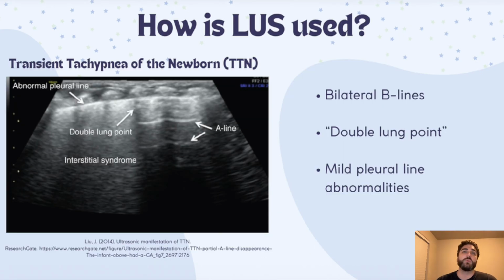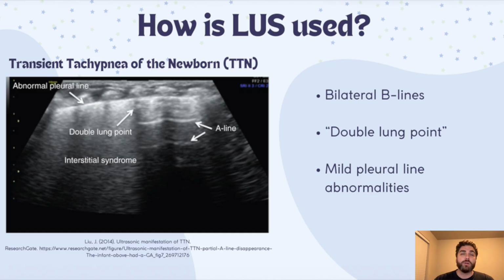TTN is one of the most common causes of early respiratory distress in neonates. The lung ultrasound typically shows bilateral B lines, as you can see from this scan, often with a finding known as double lung point, which represents the transition between normal and fluid-filled lung zones, as you can see by that arrow pointing.